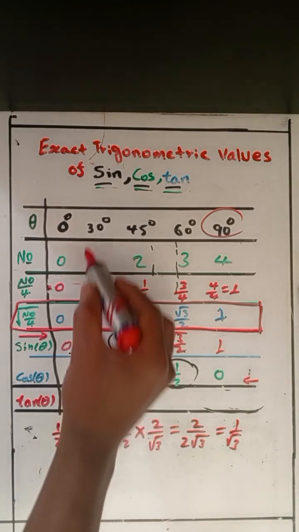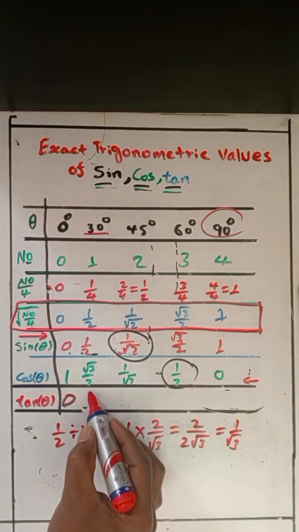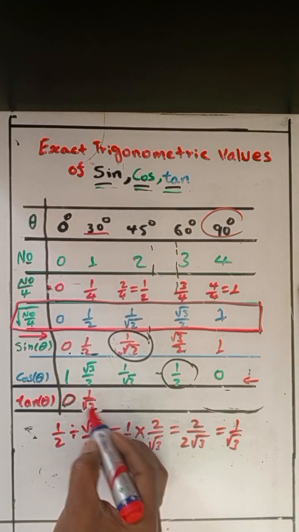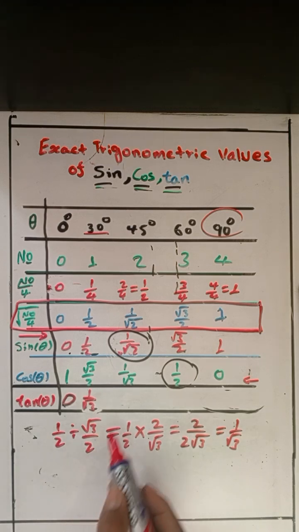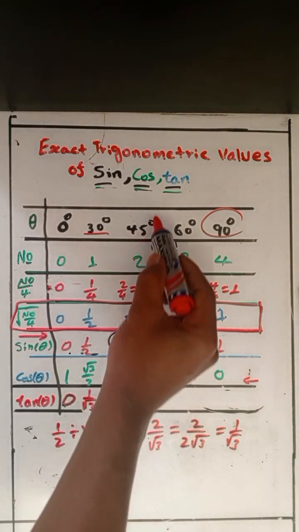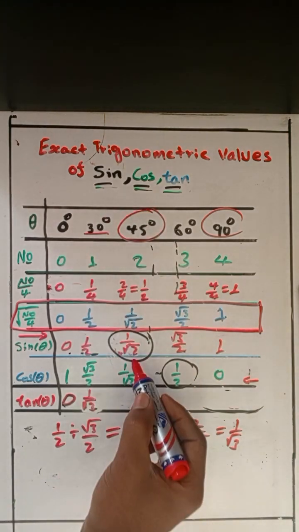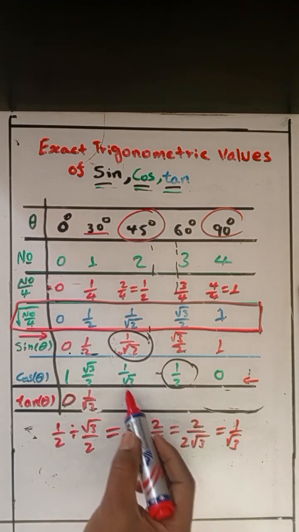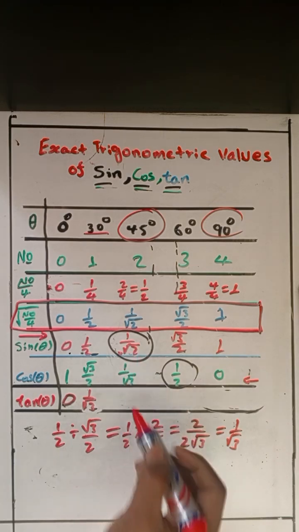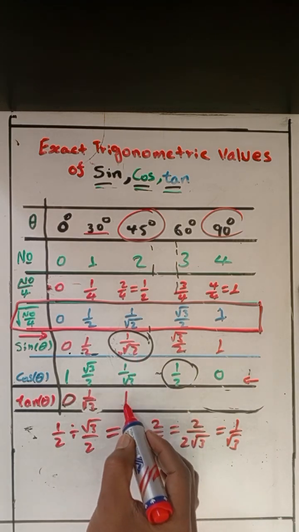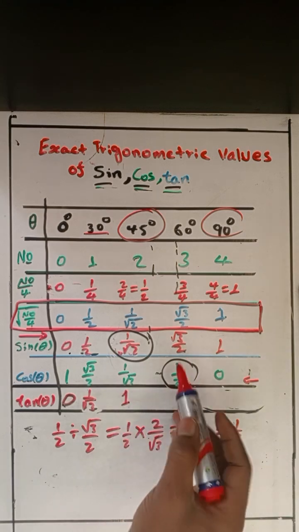Therefore, tan of 30 is 1 over square root of 3. For 45 degrees, we divide 1 over radical 2 by 1 over radical 2. They are equal numbers, so the division is equal to 1.